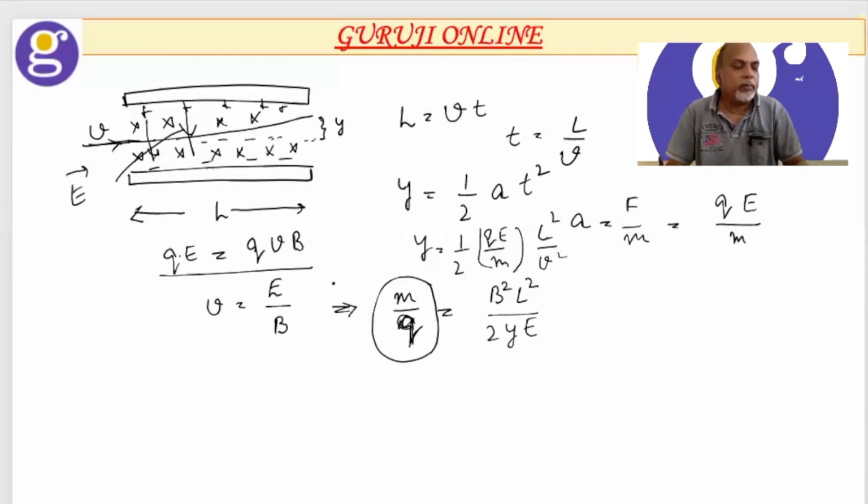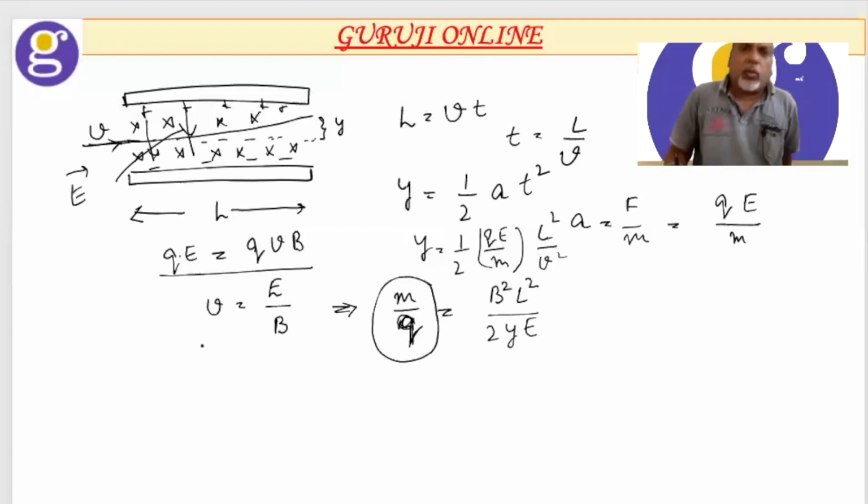And of course, due to M by Q, he could discover that it is 1,000 times higher in mass than the lightest particle available.